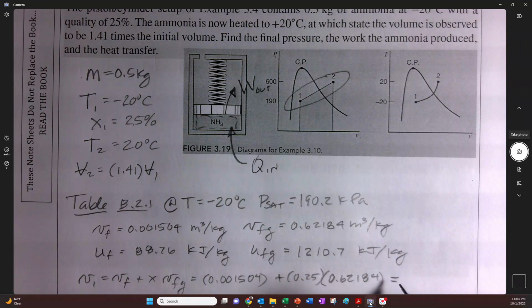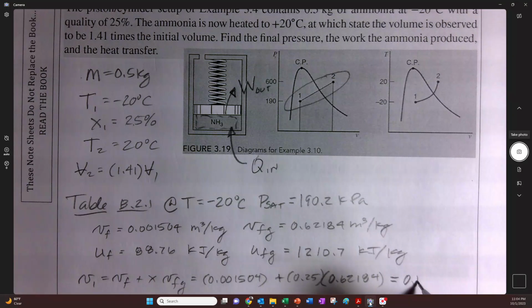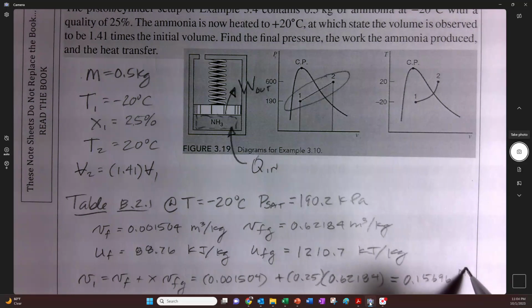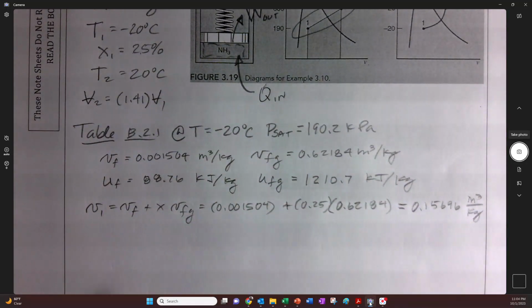And what is my value from that? It's 0.15696. Boom. Okay.